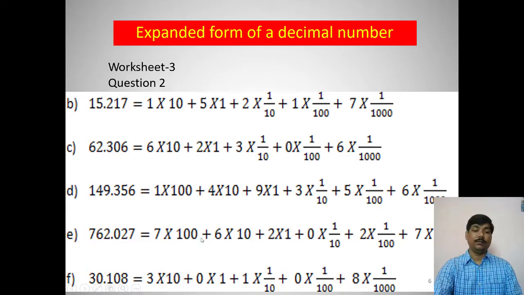So 7 is multiplied by 100, plus 6 is at the 10th place, so 6 multiplied by 10, plus 2 is at the 1st place, so 2 multiplied by 1, plus 0 at the 10th place, so 0 multiplied by 1 upon 10, plus 2 is at the 100th place, so 2 is multiplied by 1 upon 100, plus 7 is at the 1000th place, so 7 is multiplied by 1 upon 1000. So we can write this number also.